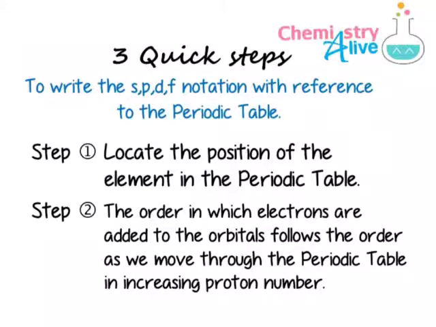In conclusion, to write the spdf notations with reference to a periodic table, the 3 quick steps are: Step 1, locate the position of the element in the periodic table. Step 2, bear in mind that the order in which the electrons are added to the orbitals follows the order as we move through the periodic table in increasing proton number, meaning there's no need for you to draw out the energy diagram.